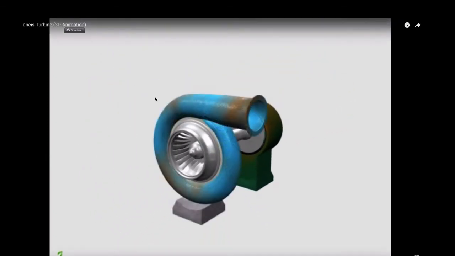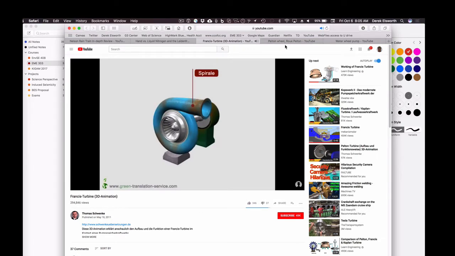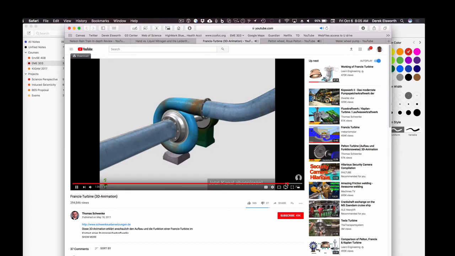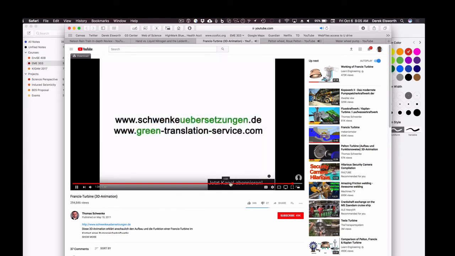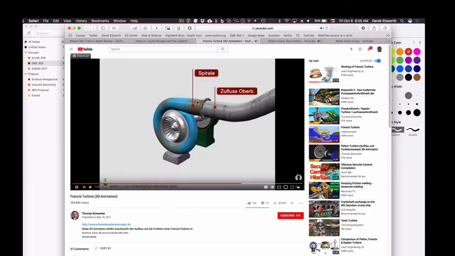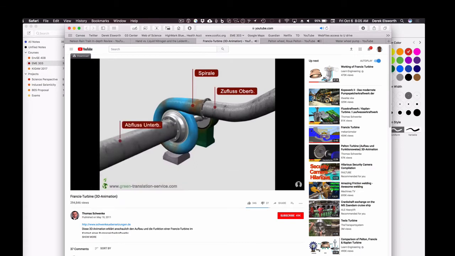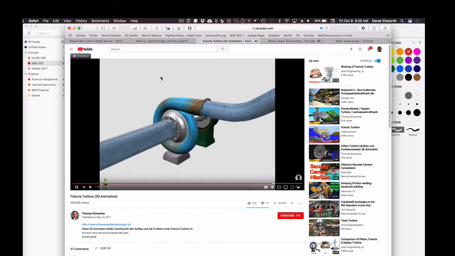I think there's a better one on the next. No, I guess that's a Pelton wheel, which you've already seen. I guess this one does go into something afterwards, okay, so you see it. So it comes down through this pipe here, goes into the turbine, and then issues out 90 degrees and becomes the downstream flow. This is the exit flow, I guess. I can't read German. Maybe someone here can.